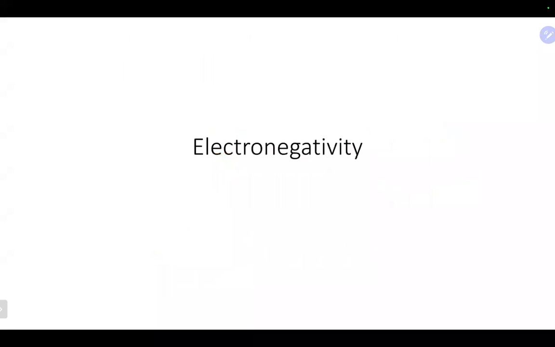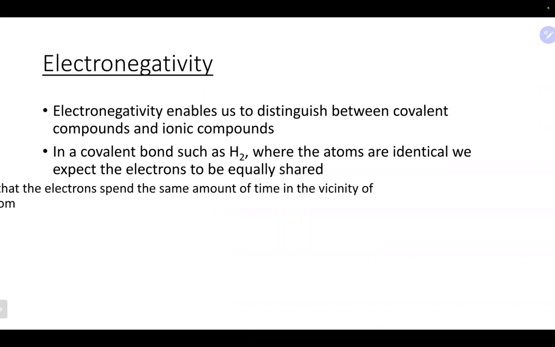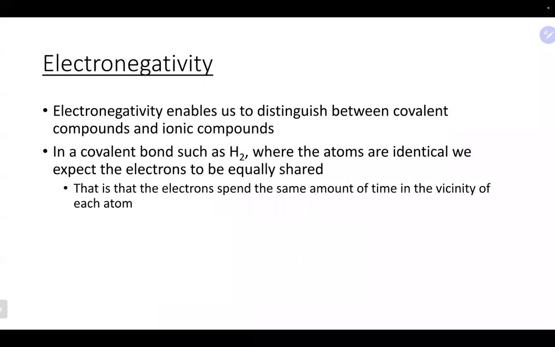So electronegativity is a really important aspect of sharing electrons. And electronegativity is the ability of an atom to bring electrons towards itself. Write that, there you go.